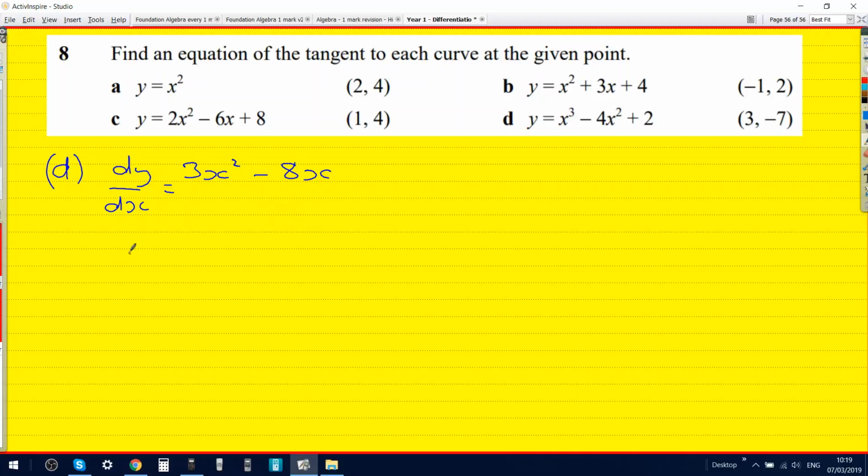So 3 times 9 is 27 minus 24, which is 3. Okay. So the gradient is 3.